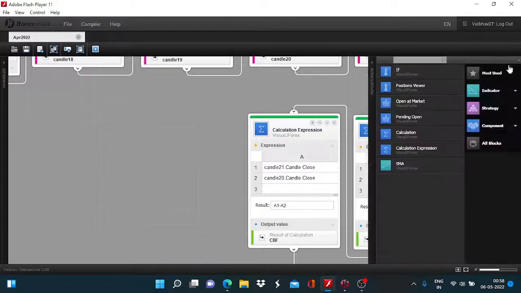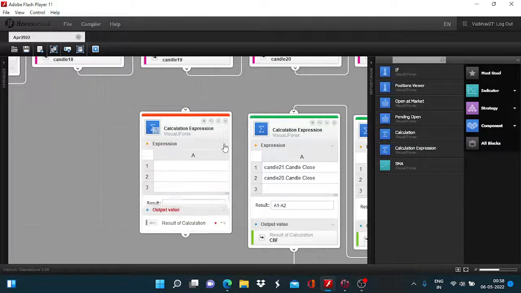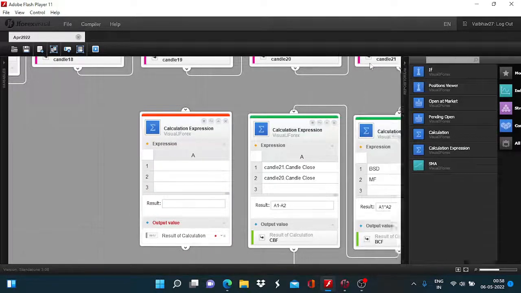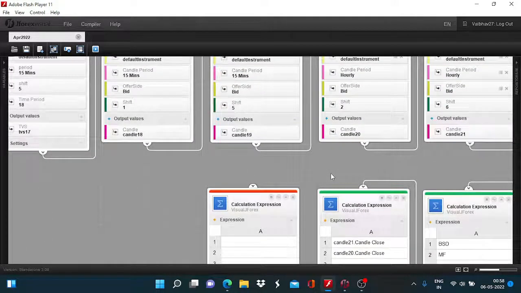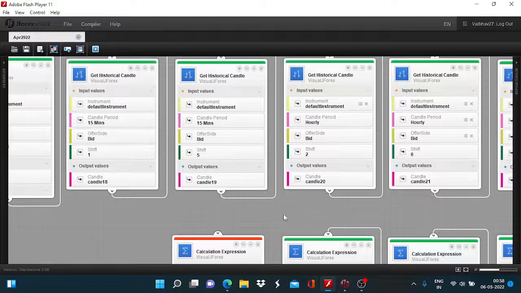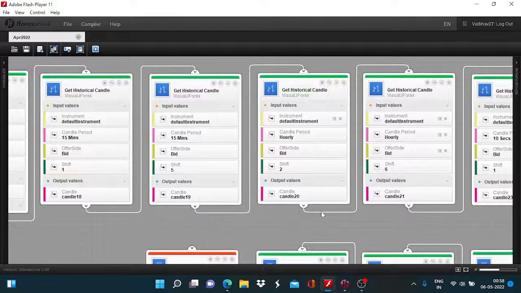It is here. So we need only the hourly difference. For that, I will add a calculation expression block. All right. So here it is. And we need the second last hourly candle to have closed higher compared to the sixth last hourly candle.